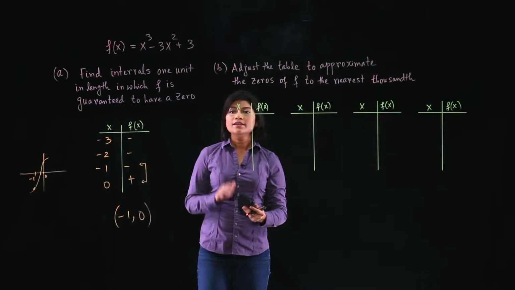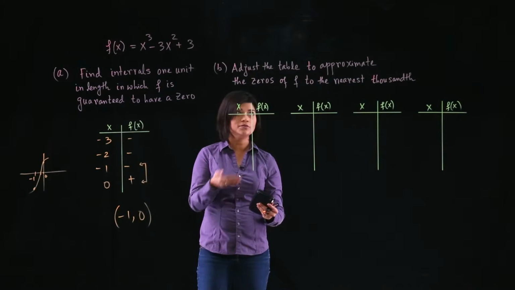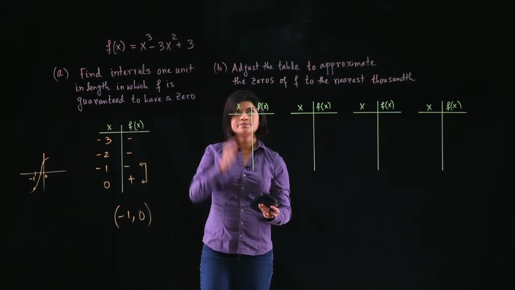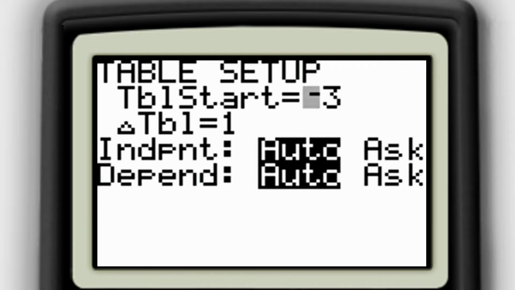Now, let's see if we can find that 0 to the nearest thousandth. So what we have to do is go to your table feature again, and plug in the left end point of this interval, -1. And let's make the length to be 0.1.